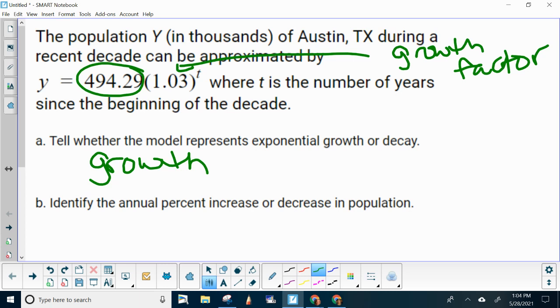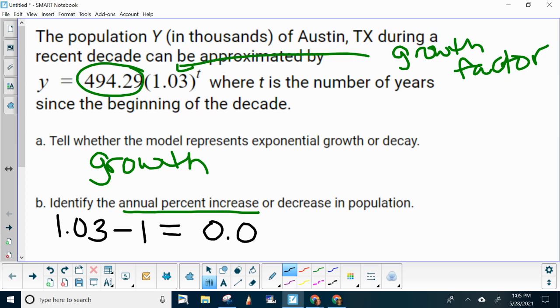We want to next identify the annual percent increase. I'm underlining increase because if it's growing, it's increasing. The way you do that is you take your growth factor. So our growth factor was 1.03 and you subtract 1. And when you do that, you are left with 0.03.